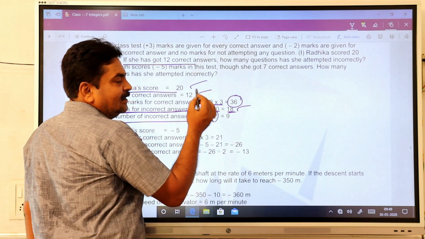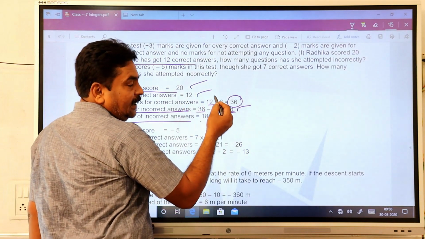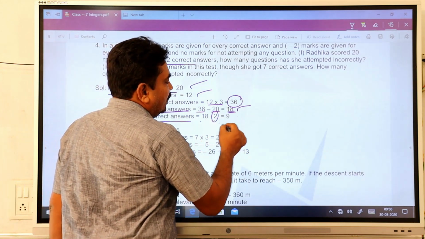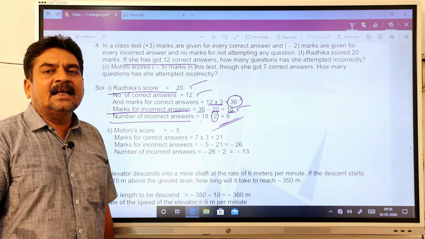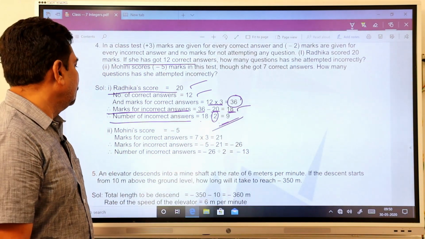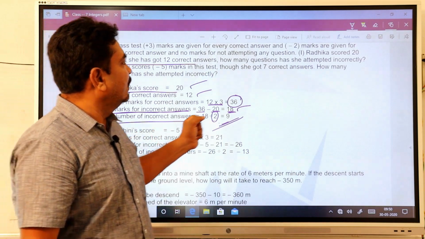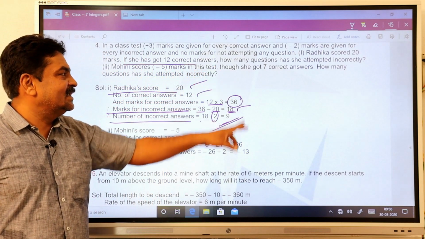Each wrong answer scores minus 2, so 18 divided by 2 is 9. Therefore she did 9 wrong answers.